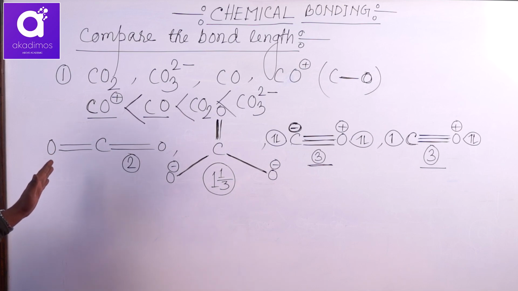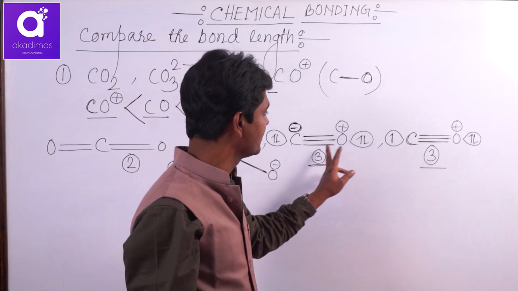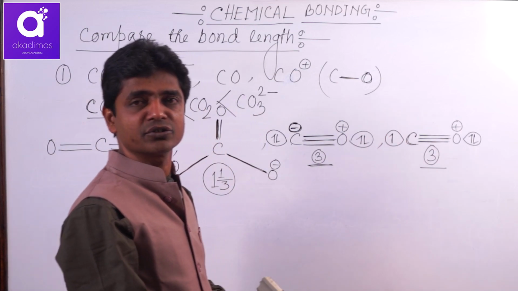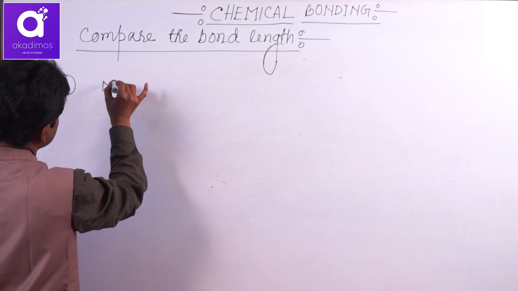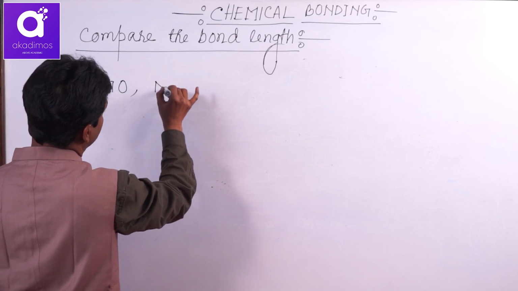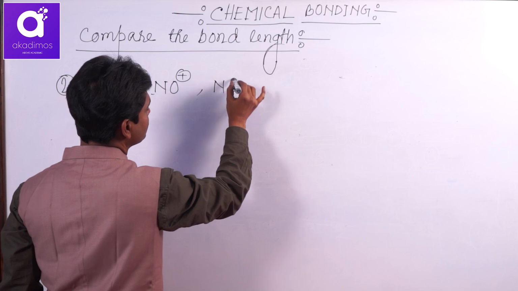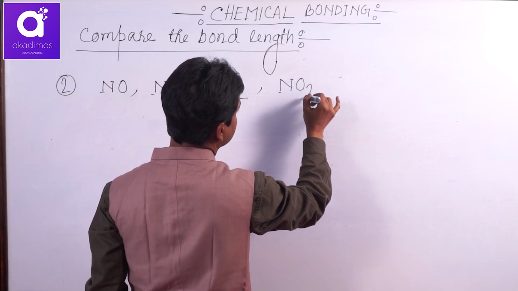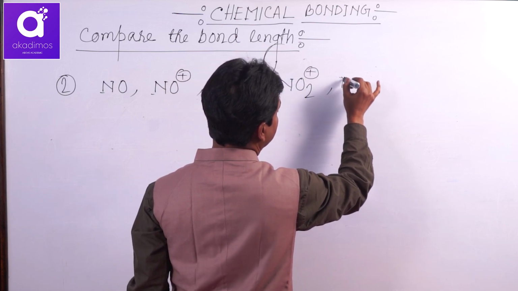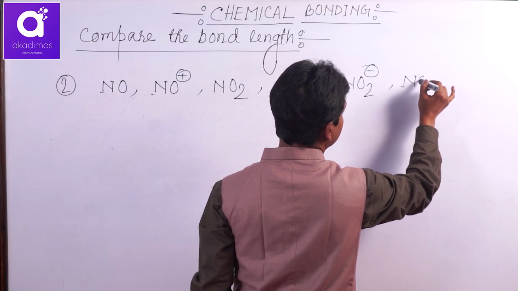I have drawn here the order of bond length with the help of bond order, and I have also considered the difference of electronegativity. Number 2: NO, nitric oxide, you know, NO plus, it is a radical, NO2, nitrogen dioxide, brown color, NO2 plus, NO2 minus, the nitrite ion, and take NO3 minus.